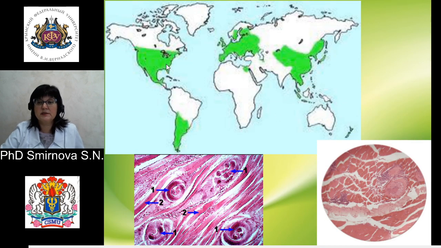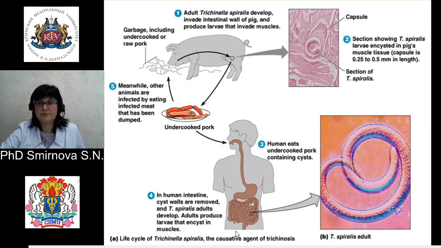On this map you can see the places where this parasite can develop. This is muscle tissue which contains many larvae of Trichinella spiralis. The life cycle of these parasites is very easy.